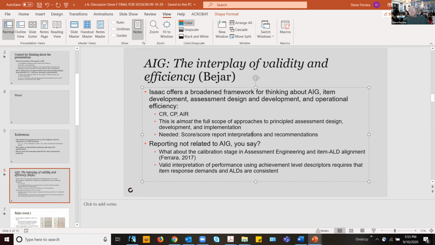I turn your attention to the calibration stage in Rick's assessment engineering approach and something that I call item ALD alignment, where, if you're in a state assessment program and using achievement level descriptors to interpret performance, valid interpretation of that requires that the item response demands and the descriptors in each level of the corresponding ALDs are aligned.